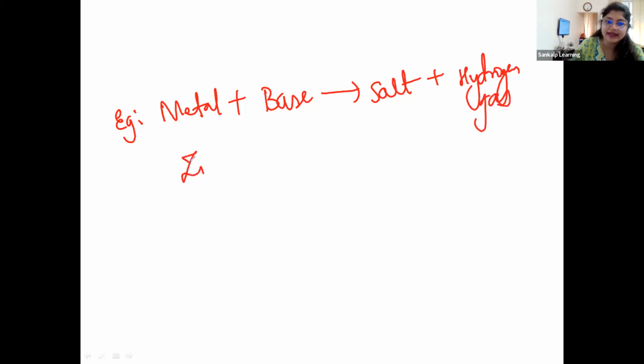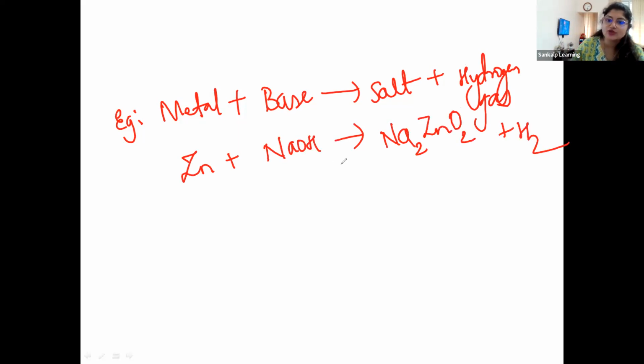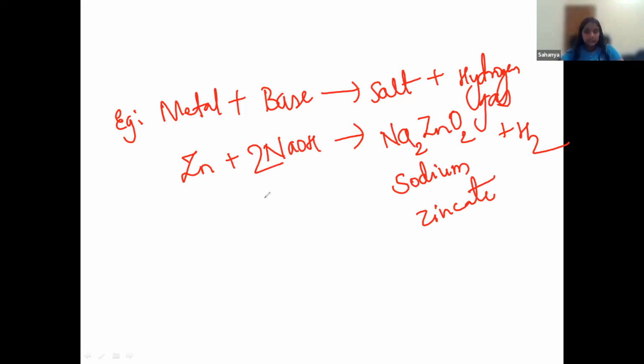For example, I can take zinc plus 2NaOH giving you Na2ZnO2 plus H2. This is called sodium zincate. This is a salt. So when metal reacts with base, it forms salt and hydrogen gas is liberated.